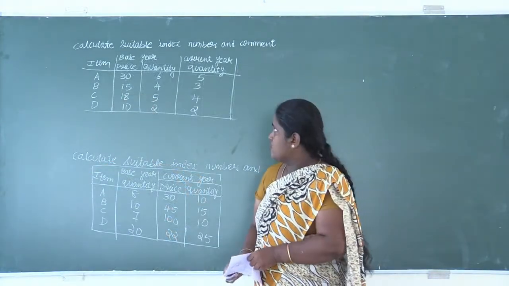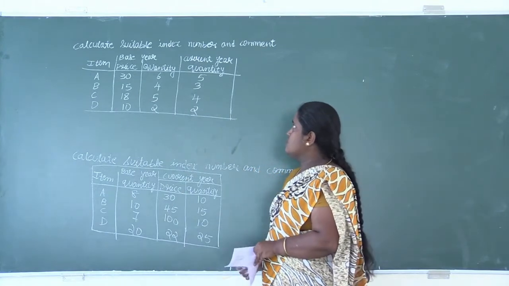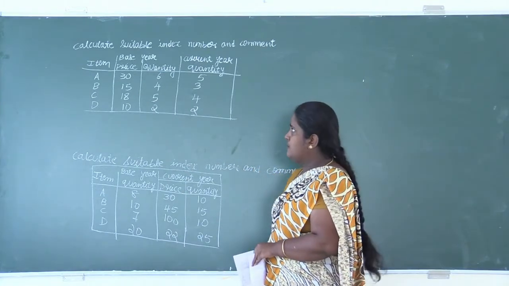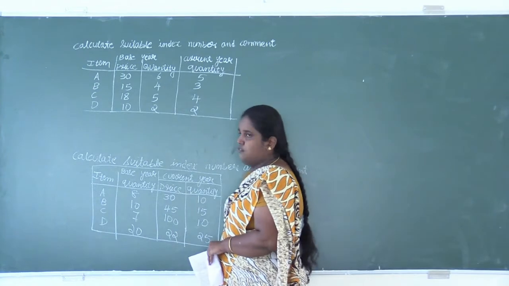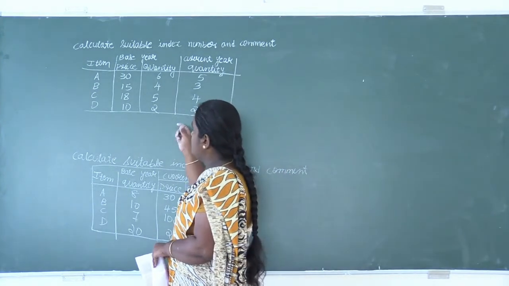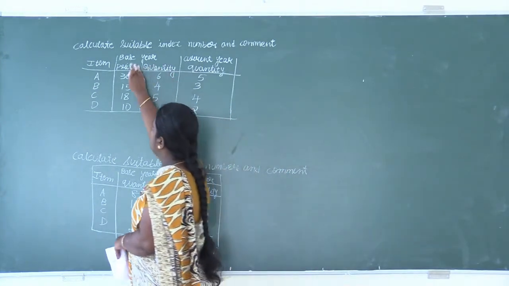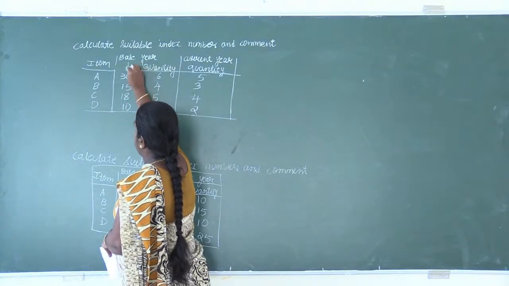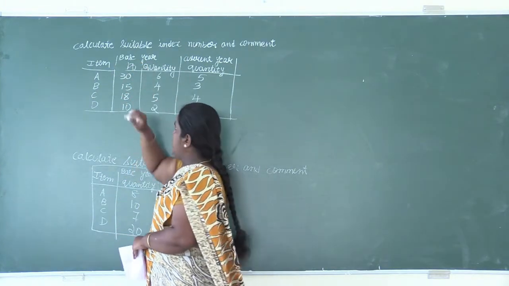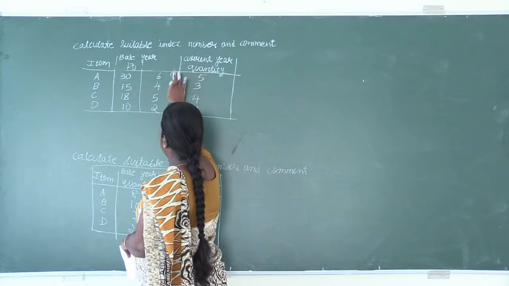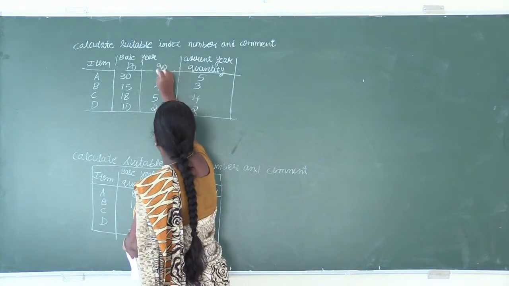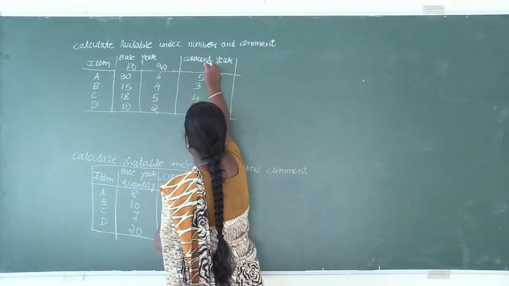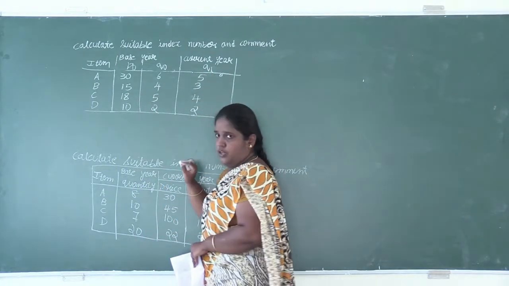The next 5 mark question, here it is calculate suitable index number and comment. So here items are given up to D. Base year we have price and quantity. So base year price is denoted by P0. Base year quantity is given as Q0. Current year quantity is denoted by Q1.